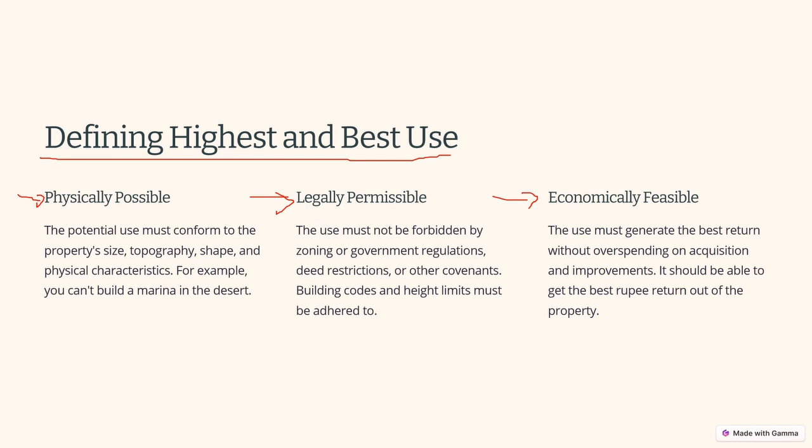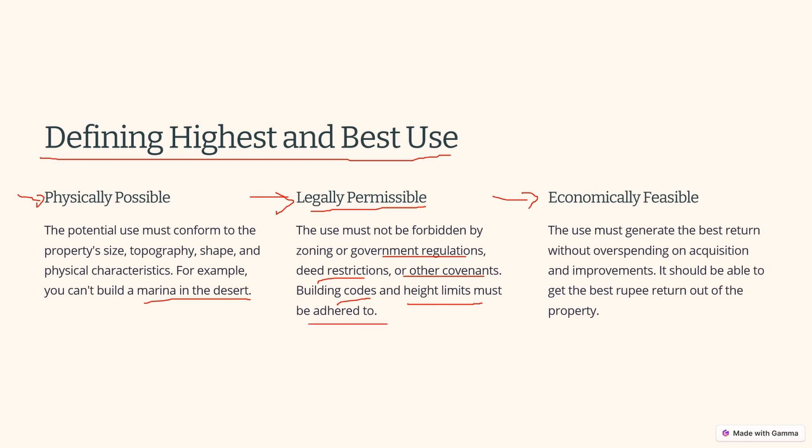For example, you cannot build a marina in the desert. Legally permissible means the use must not be forbidden by zoning or government regulations, deed restrictions, or other covenants. Building codes and height limits must be adhered to.